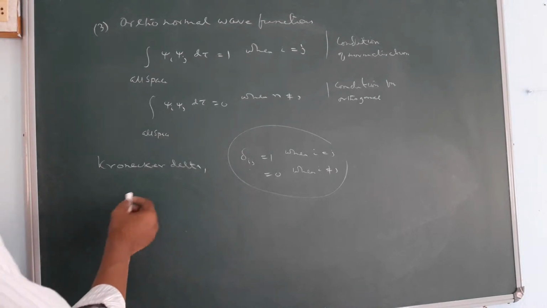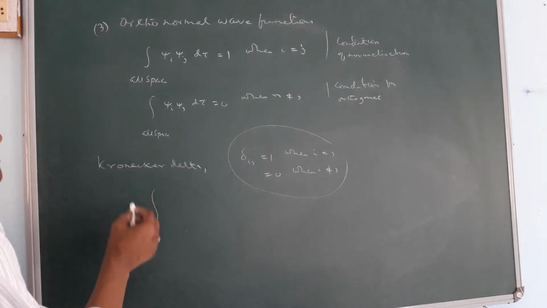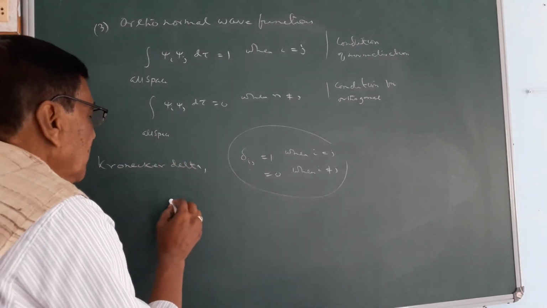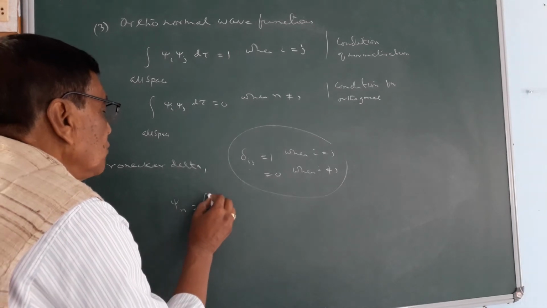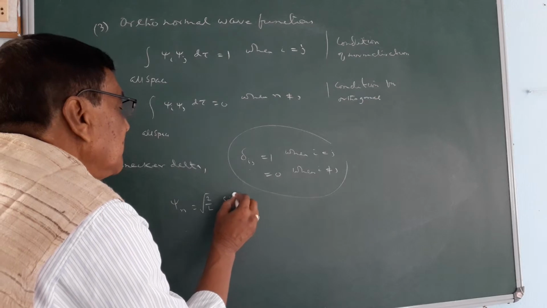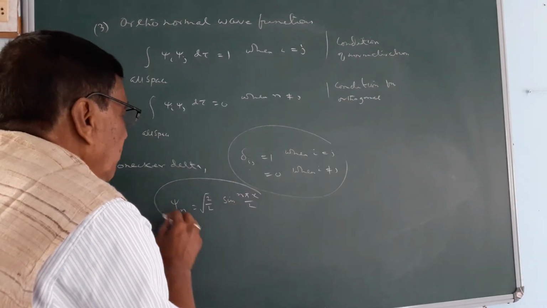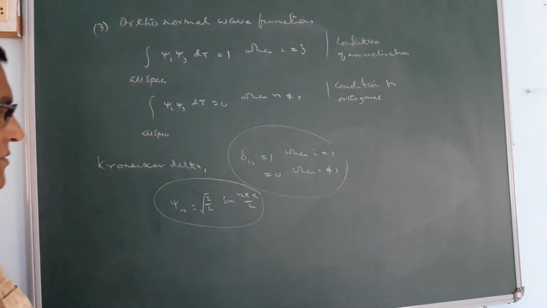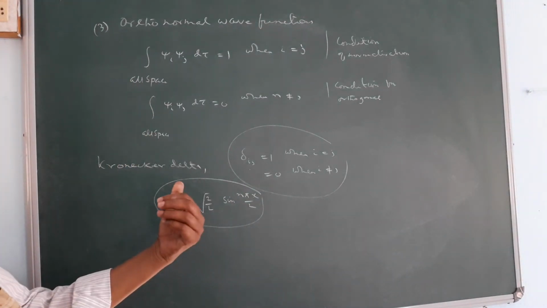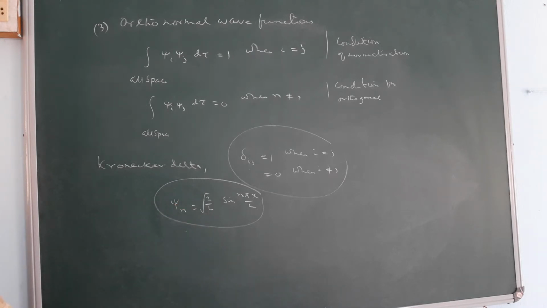We can also give an example. Suppose psi n equals root over 2 by L into sin(n pi x by L) is the wave function for a particle in a one-dimensional box, and we can see whether these psi n functions are orthonormal or not.